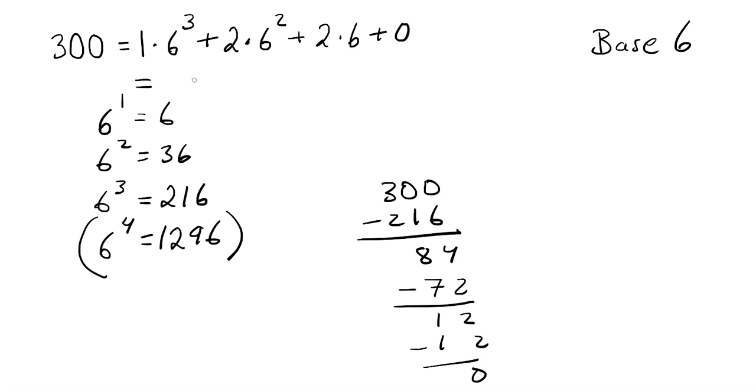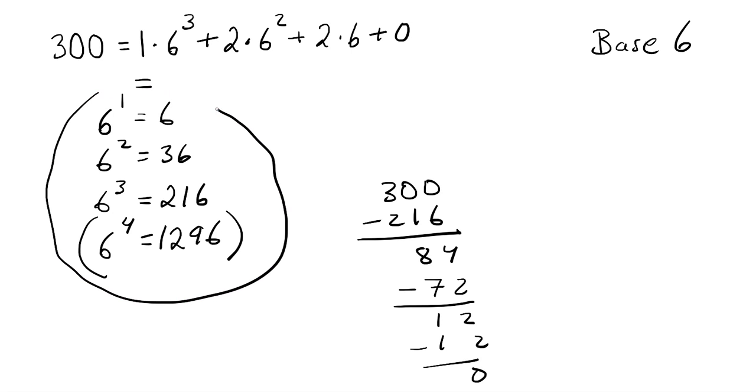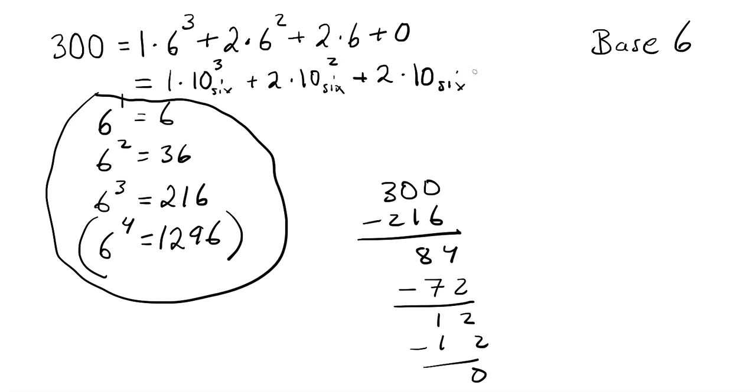So we see here now that this can be written as 1 times 10 to the power of 3, where 6 is now 10 in base 6. And then 2 times 10 to the power of 2, and then 2 times 10, and then 0.